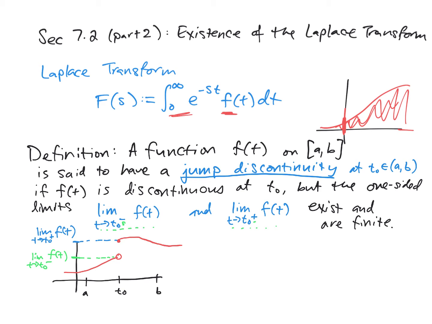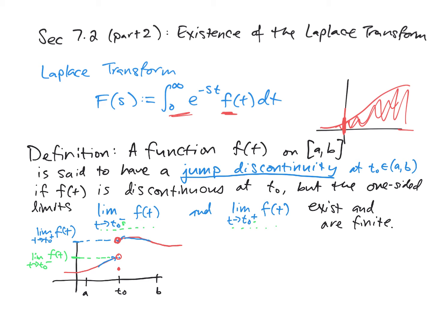It's a natural concept where we're approaching from the left and we are getting close to this value, but that's not actually the value of the function. Our value is up here, which is the same as the limit from the right. You could even have an open circle, and the value of f at t naught might be somewhere else.